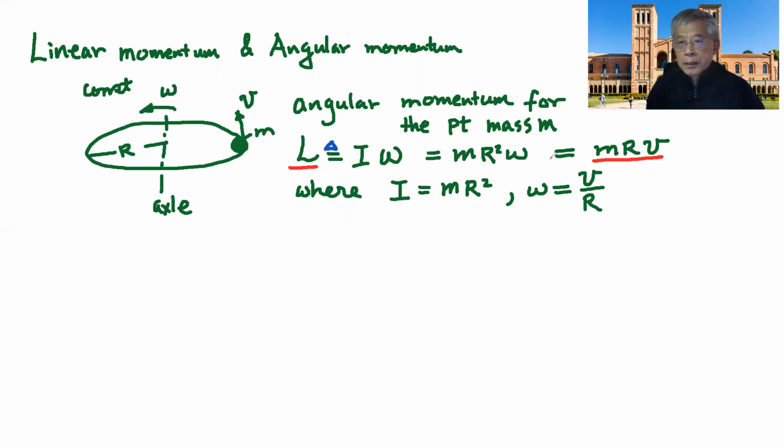We put that in, cancel the r, and it becomes mrv. So that's the formula for a point mass. Sometimes it's quite useful to remember that when you have a point mass at radius r from the axis, it will be mrv.